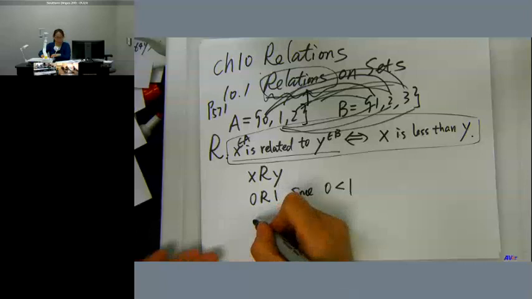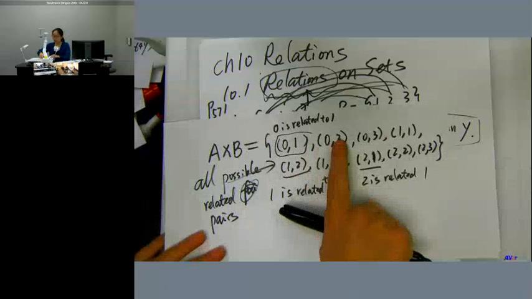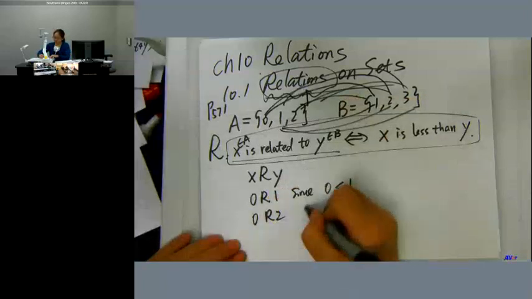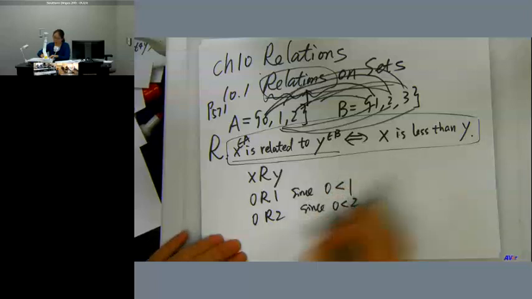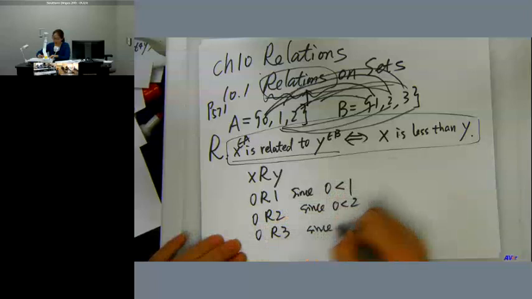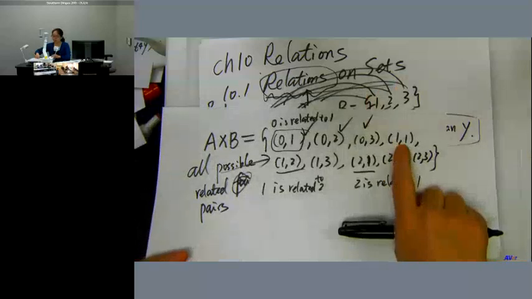Now, is 0 related to 2? The second possible pair is 0, 2. Yeah, so this should be in there. Yes, because 0 is less than 2. Similarly, 0 is also less than 3. So we checked the first 3. They all work. Now, what about the next one?